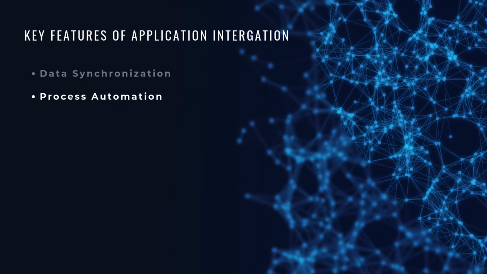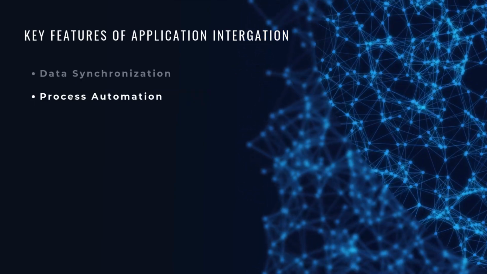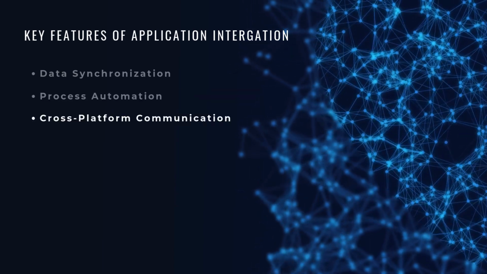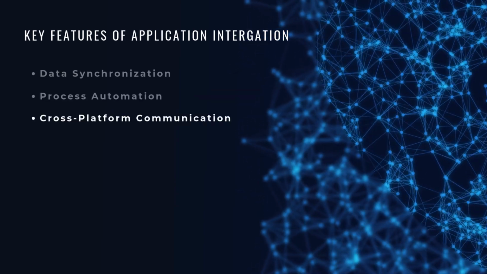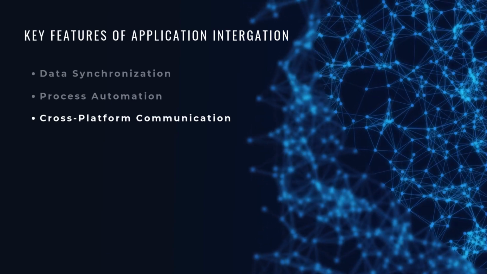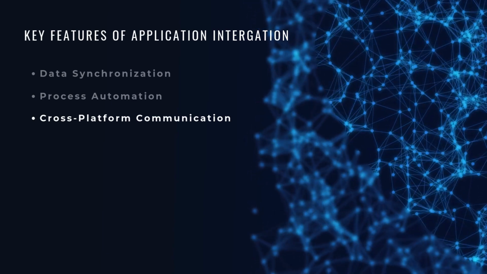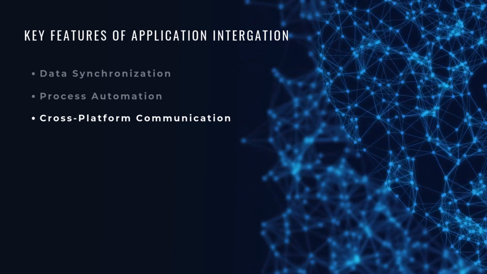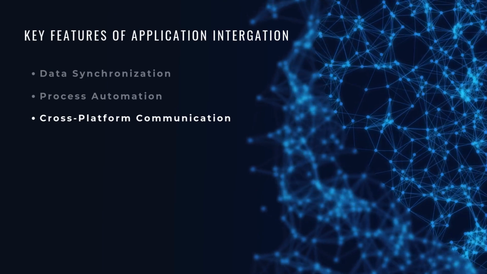Process automation, streamlining workflows across different applications. Cross-platform communication, allowing apps to talk regardless of technology stack, like a CRM system implemented in Salesforce probably interacting with an on-prem application built in Java.